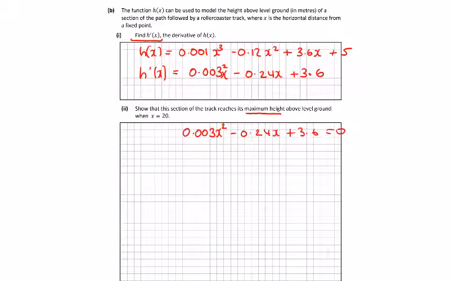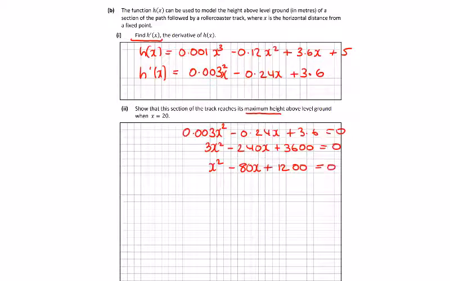We could try and factorize it to get 3 x squared, moving the 3 decimals, so minus 240x, and then plus 3600, moving it 3 decimals. That's going to leave me, dividing by 3, x squared minus 80x plus 1200.